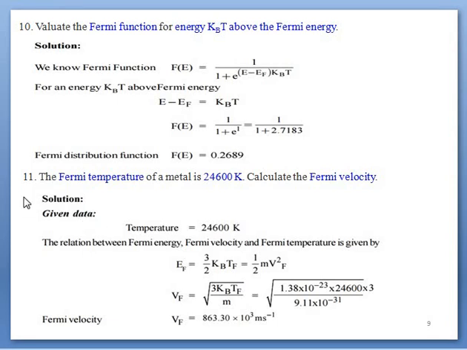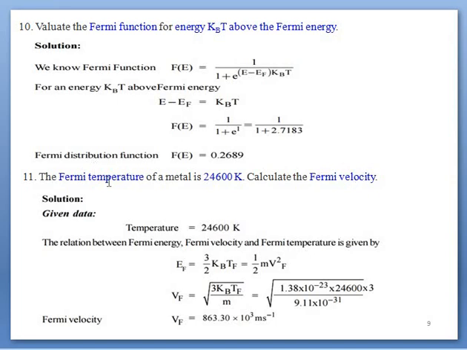In the next numerical, the Fermi temperature is given. Calculate the Fermi velocity. We know that there is a relation between Fermi energy and Fermi temperature, which is expressed as 3 by 2 kB TF. And Fermi energy is also equal to the kinetic energy acquired by an electron at the Fermi level, which is expressed as half m Vf square. So we have to calculate the Fermi velocity.